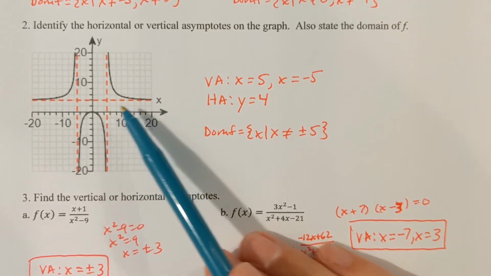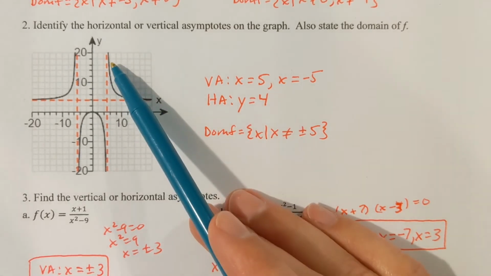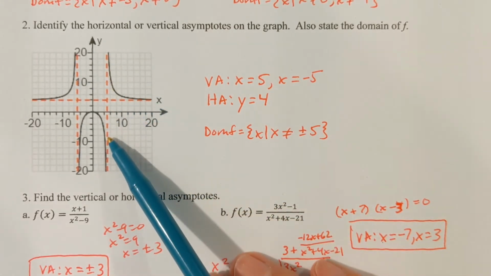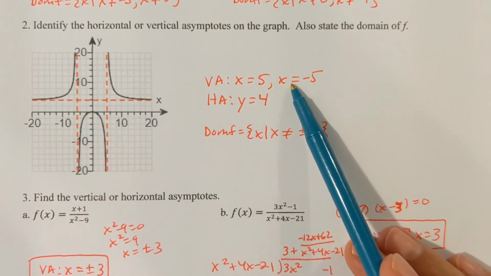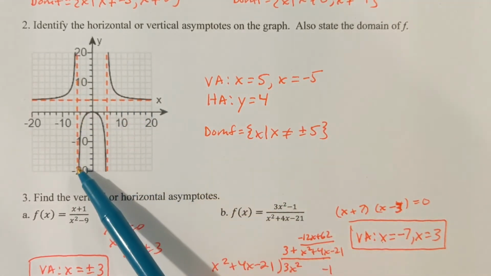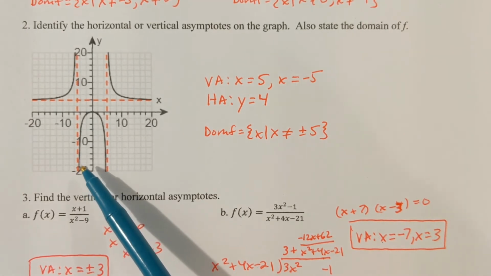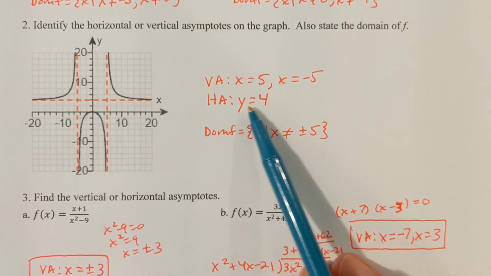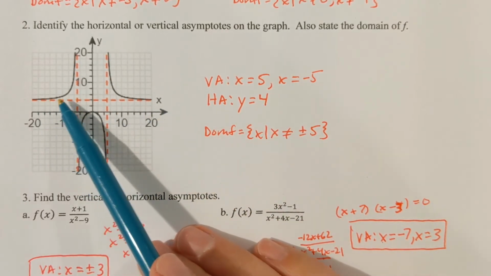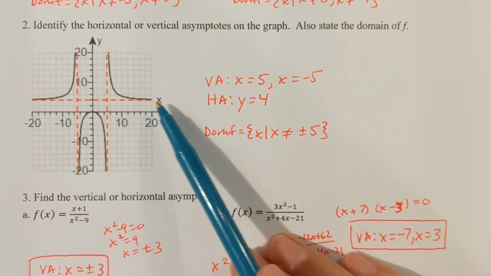It looks like x equal 5 is going to produce a vertical asymptote, and then x equal negative 5 would be another vertical asymptote. And the horizontal asymptote would be, here's 2, 4, y equal 4 would be the equation of that horizontal boundary.